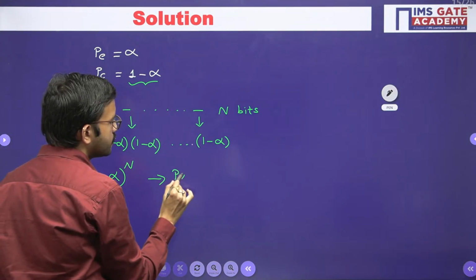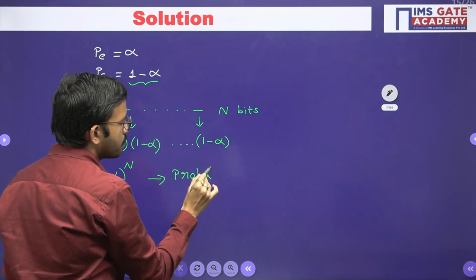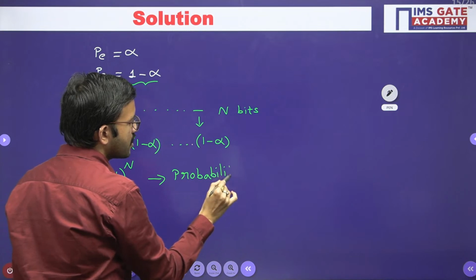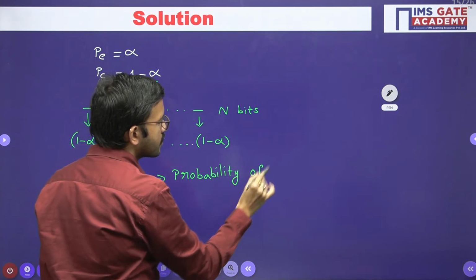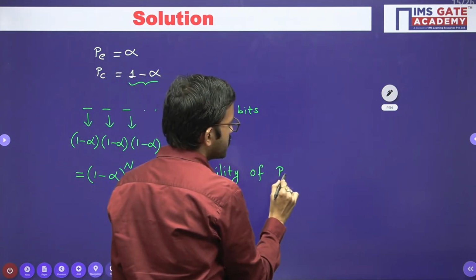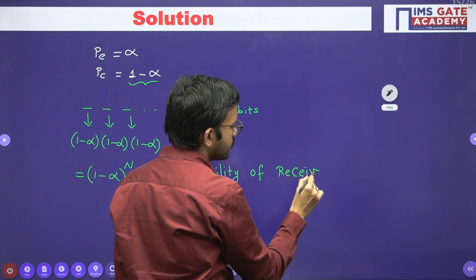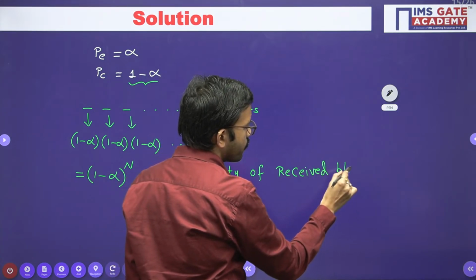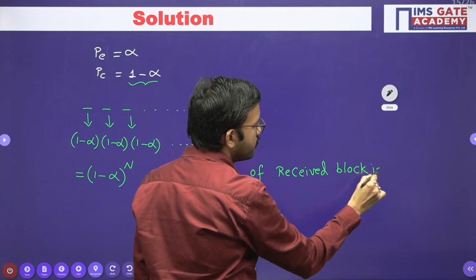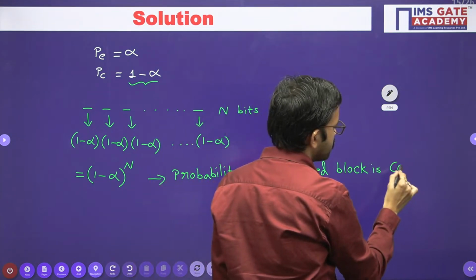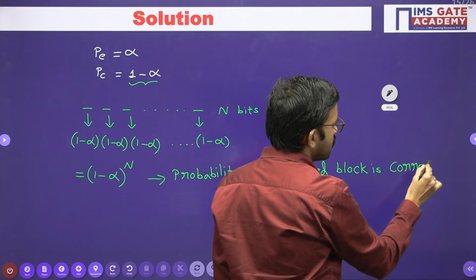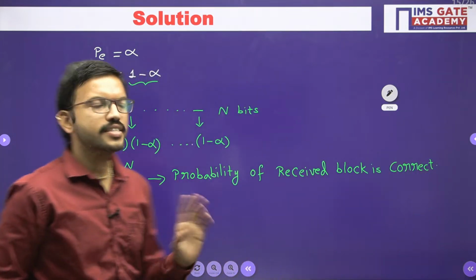Probability of received block is correct. Now they haven't asked about this probability.